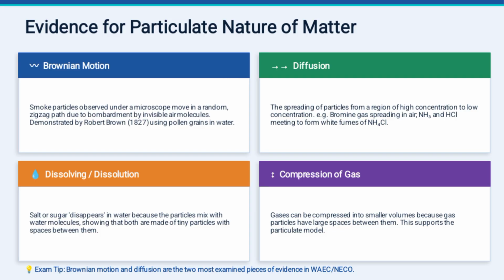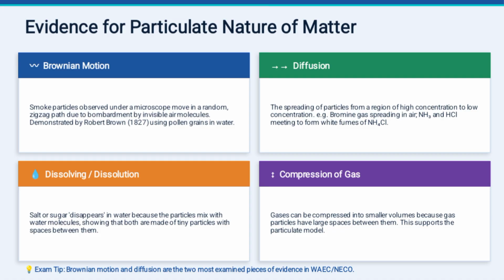What are the evidences for the particulate nature of matter? What evidences prove that matter exists as a particle? Number one is Brownian motion, where small particles observed under a microscope move in a random zigzag path due to bombardment by invisible air molecules.